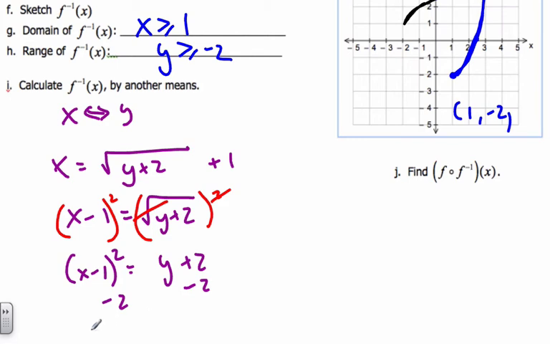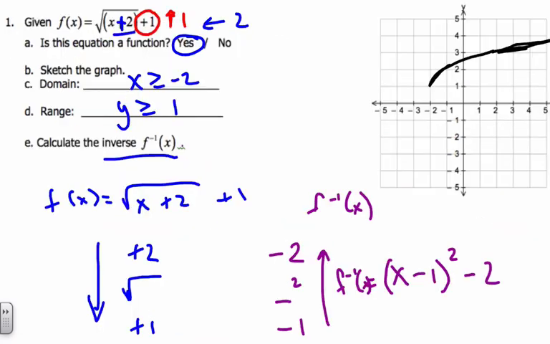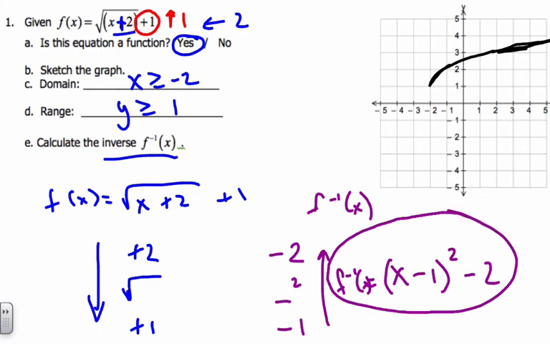And so then I can say x minus 1 squared minus 2 is equal to y, and I answer it with good notation at the end. So the inverse of f is x minus 1 squared minus 2. So that's another way of doing it. And if we look at our previous method, we ended up with the same equation.